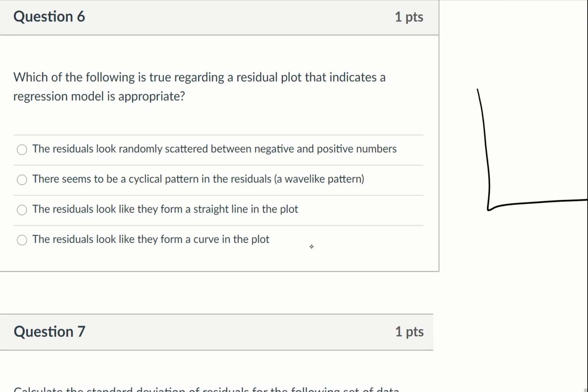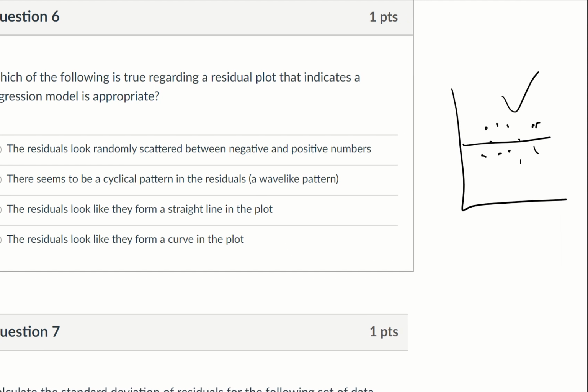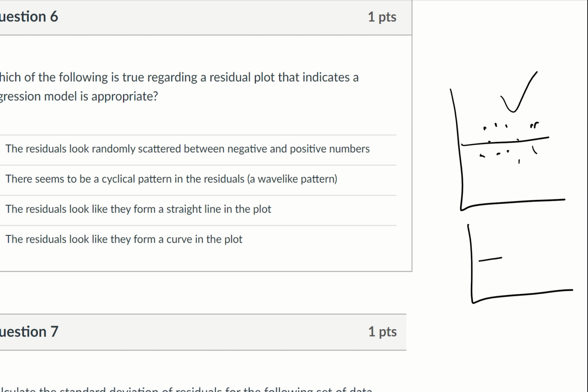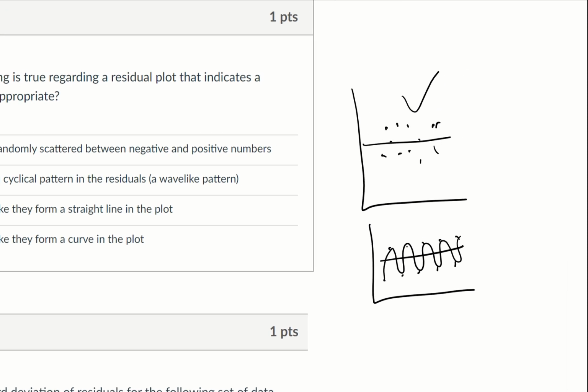So remember, if you have a residual plot, if they're randomly scattered, then that indicates that it's a good model. If there is some kind of pattern, which in this case, if there is a cyclical pattern, where it kind of goes up and down, that's a pattern. That indicates a pattern, which means that that's not an appropriate model.